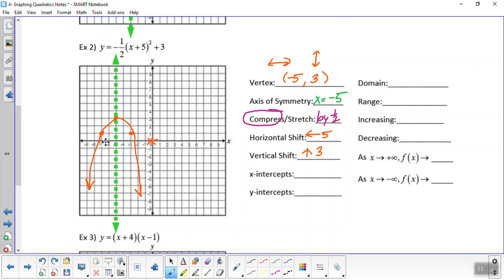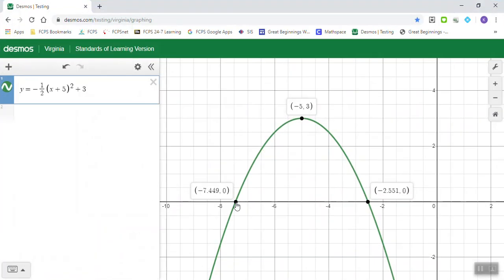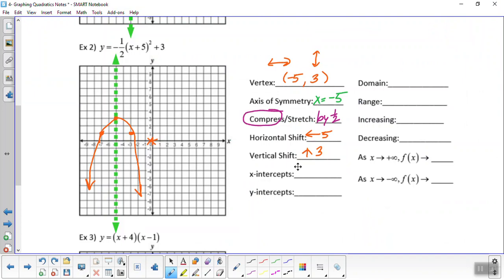X-intercepts are where they cross the x-axis, and I'm going to go back to Desmos to get these. So my first one occurs, I'm going to round this to say -7.5, 0, and at -2.6, 0.